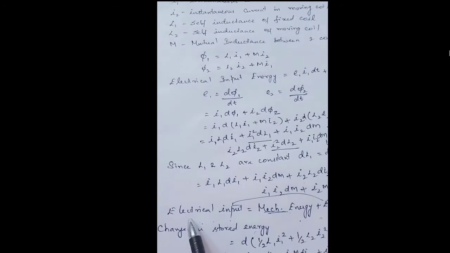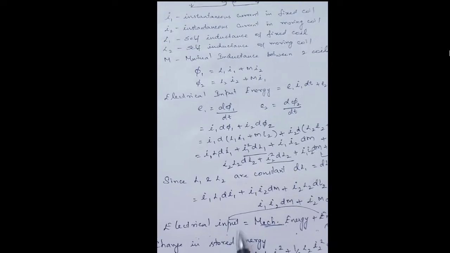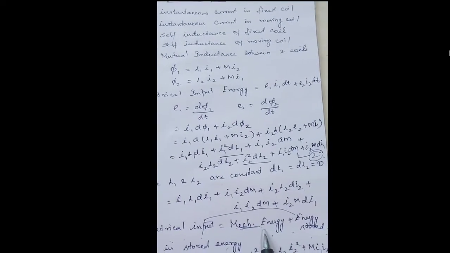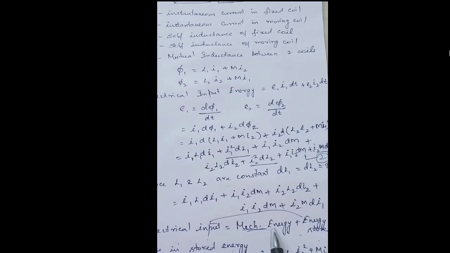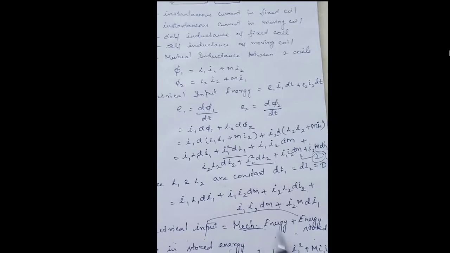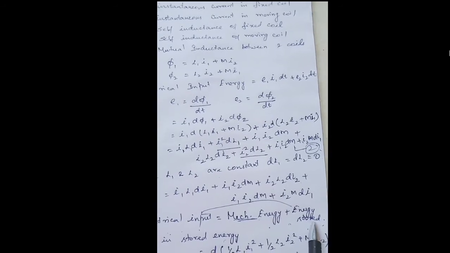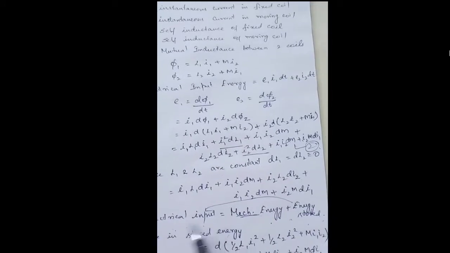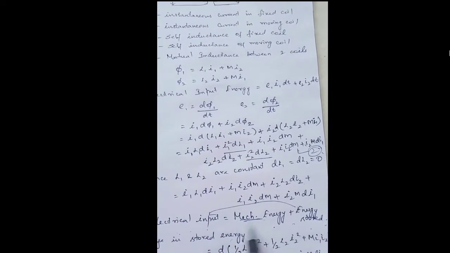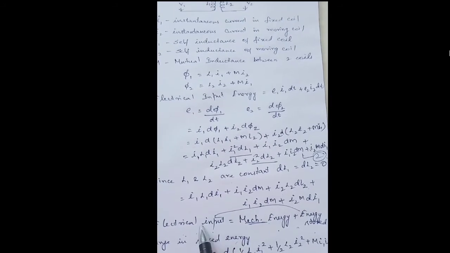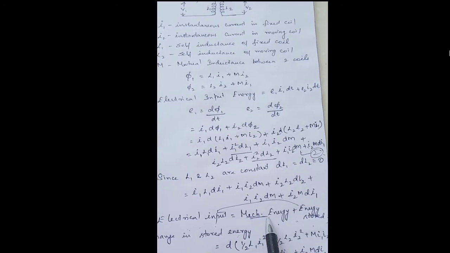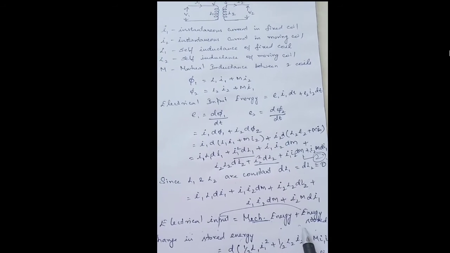The electrical input that we apply at the input stage is made use of for moving the pointer over the scale arrangement, and a little energy is stored in the two coils. This is the basic equation based on which we are going to derive the torque equation: the electrical input is equal to mechanical energy plus energy stored.